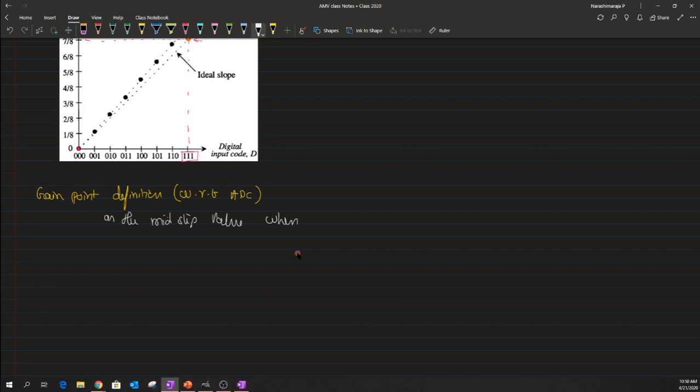So again the full scale definition is having an output value of all equal to 1s. Okay, yeah. So let me again bring a transfer curve that represents this gain point as well as the gain error.